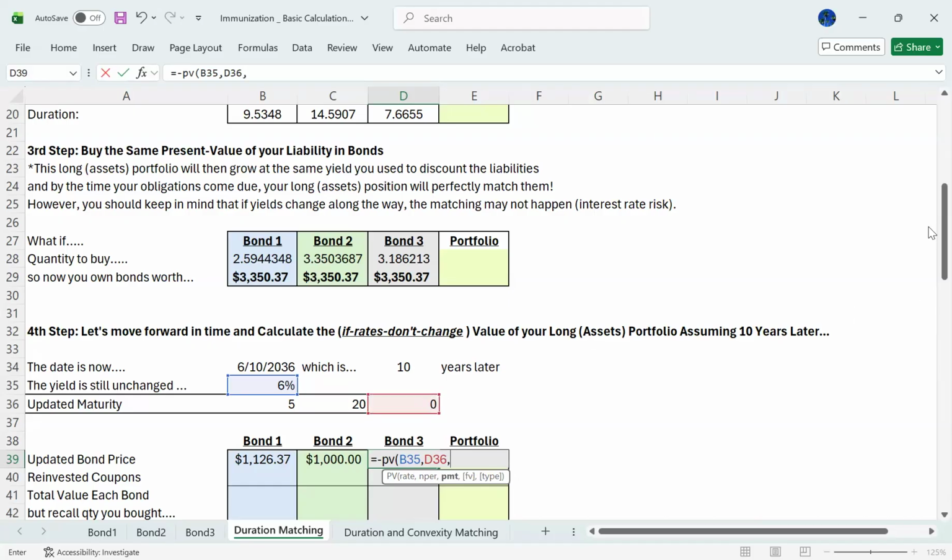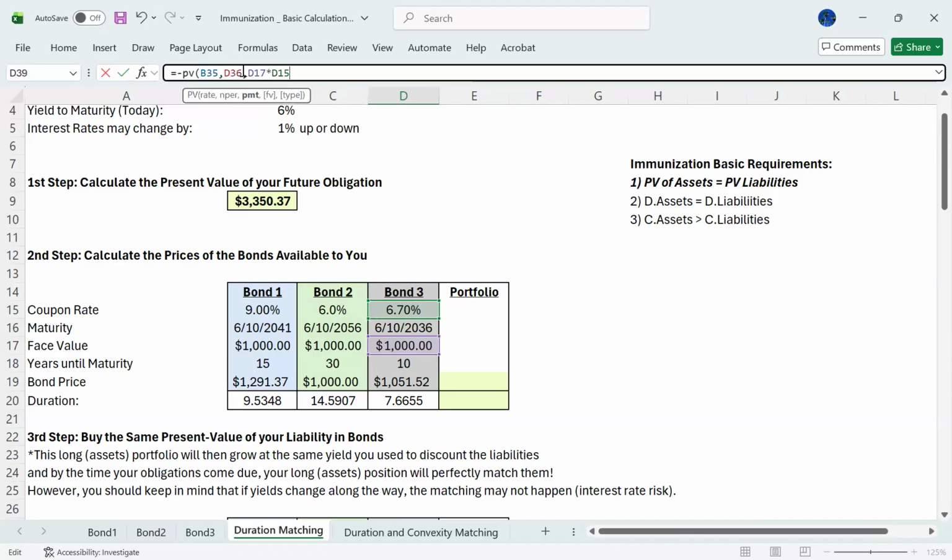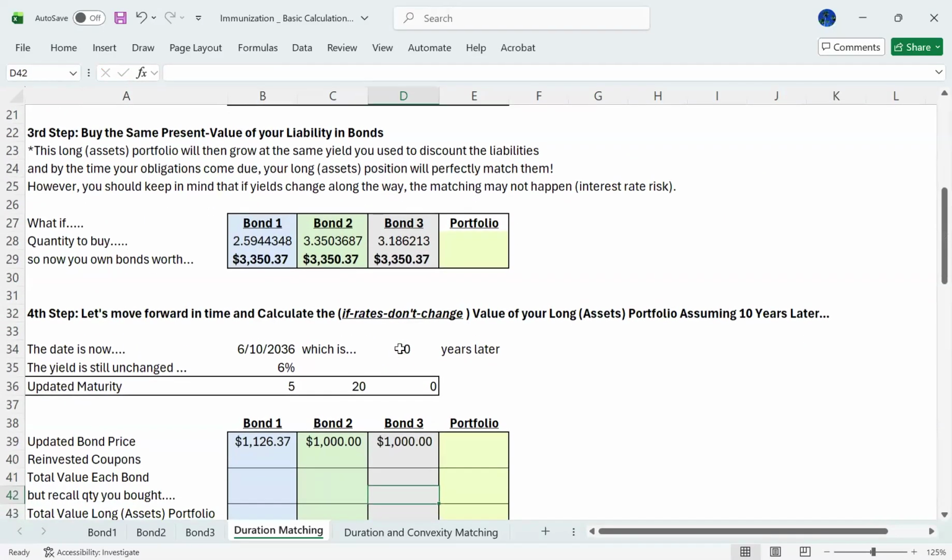The payments, we will plug them anyway. It's a 1,000 times the coupon rate, which is 6%. But that will not matter much because the number of periods is 0. So that annuity is essentially not leading to any value in the Excel formula. And then ultimately in Excel, we need the 1,000 face value and then type is 0. And there we go, it's 1,000.